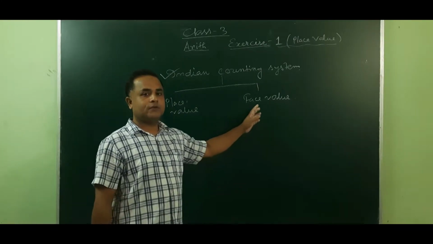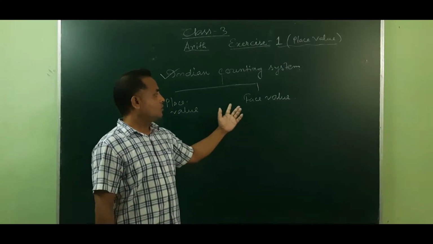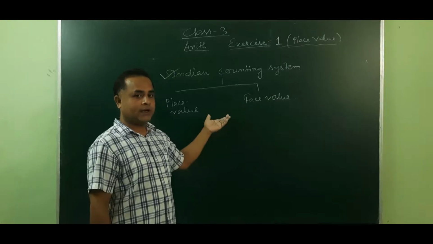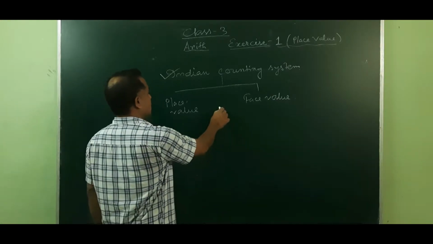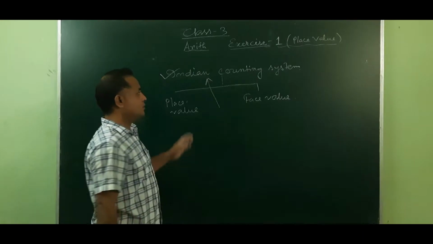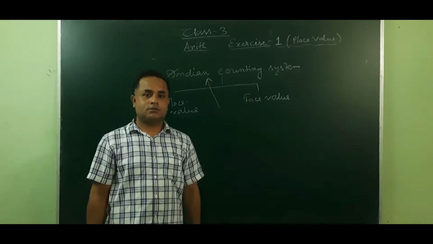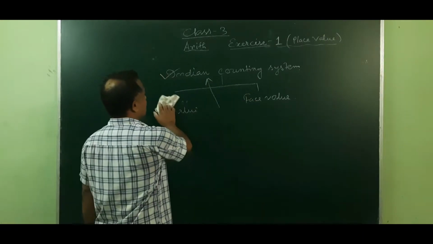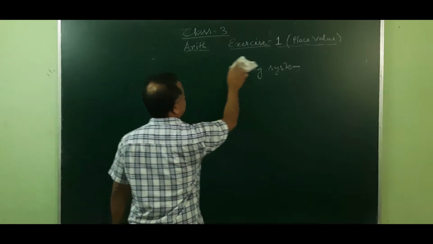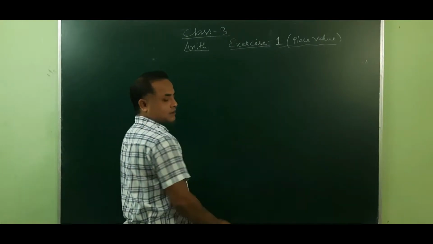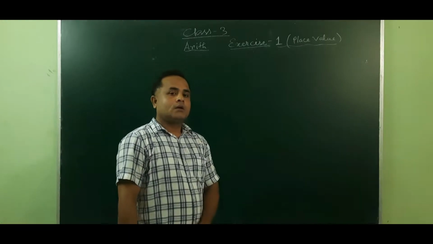Place value and face value. These are the 2 names attached to the Indian counting system. Now we will see the Indian counting system's place value.